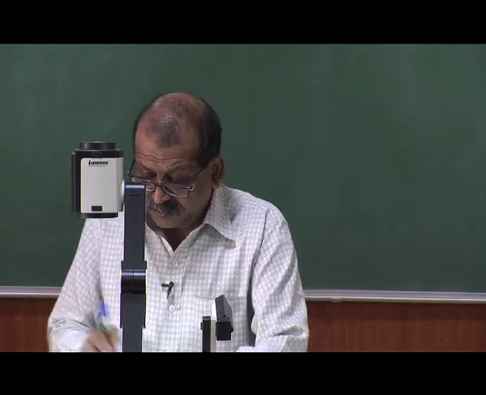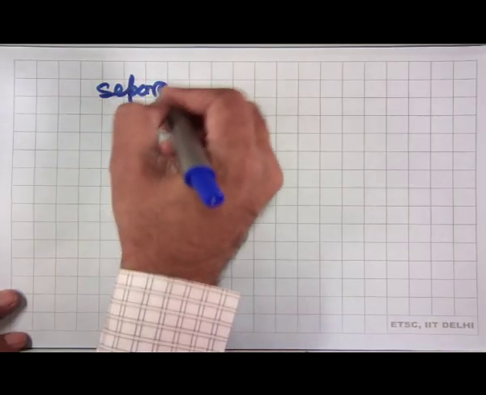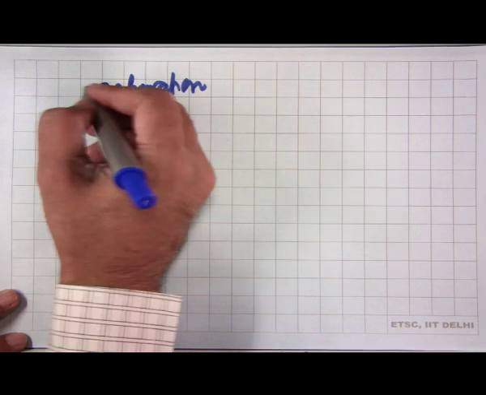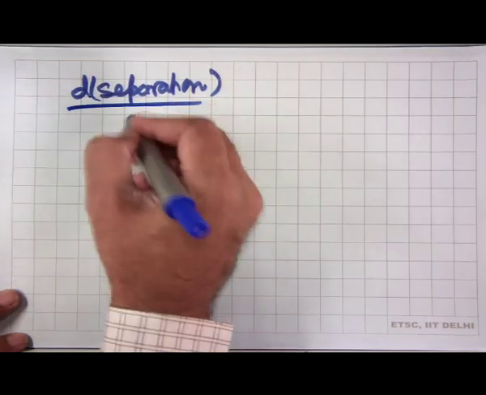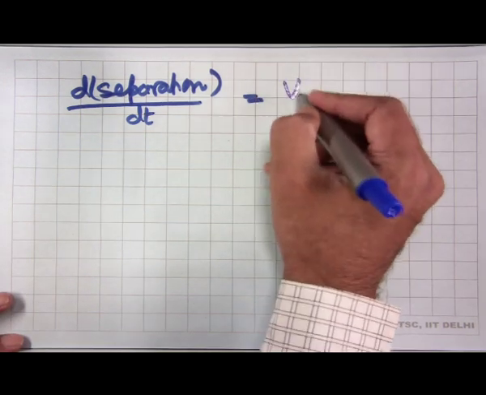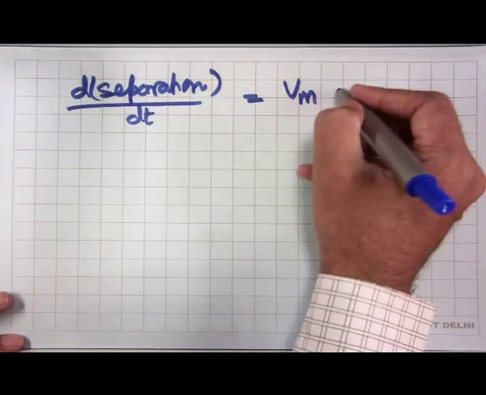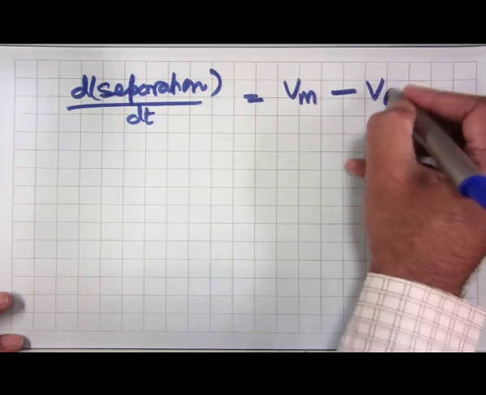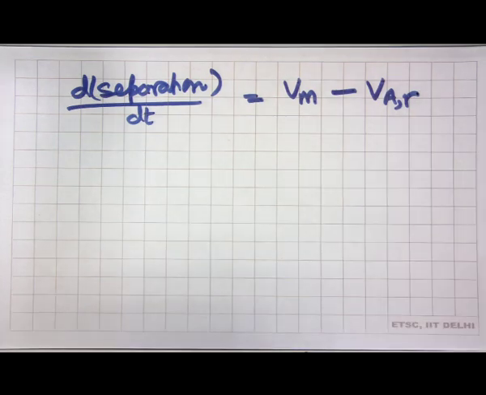So, the rate of change of this separation will be equal to velocity of the missile minus velocity of the aircraft in the r direction.